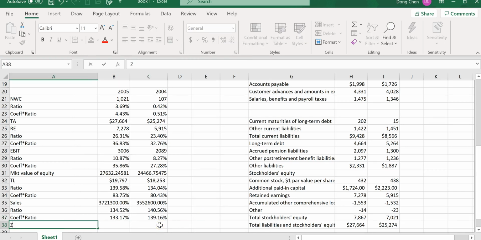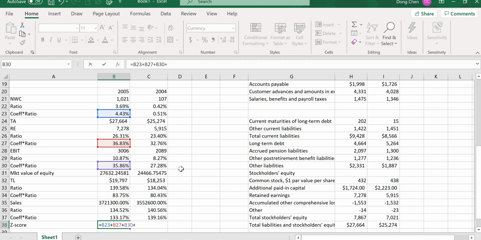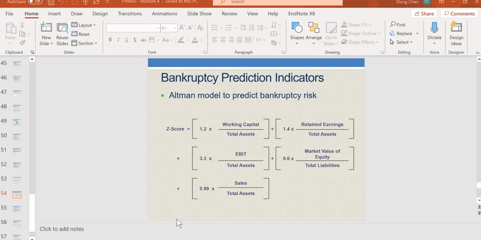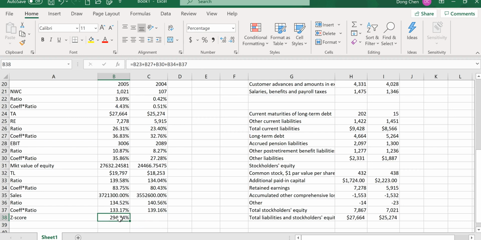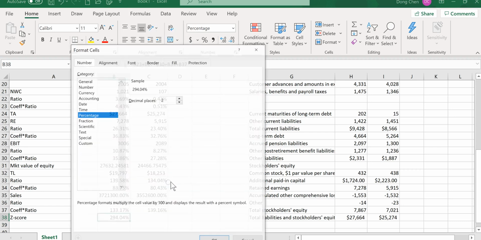So final z-score is simply the sum of all these coefficient times ratio items, right? The first one, and then the second one, and then the third one, and then the fourth one, and then the fifth one, coefficient times ratio. And for the z-score, we don't want to keep this in percentage term.